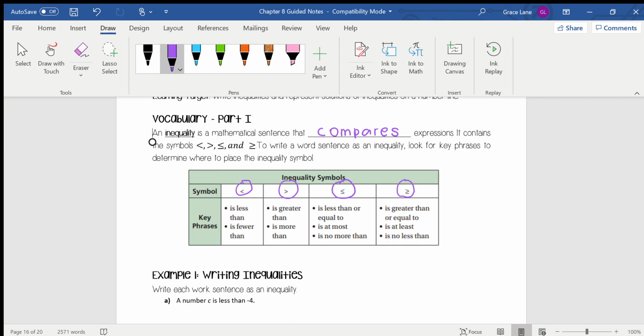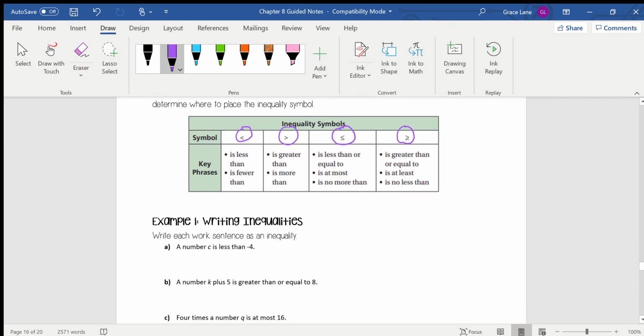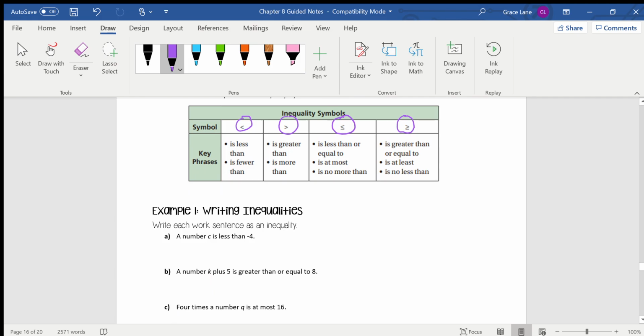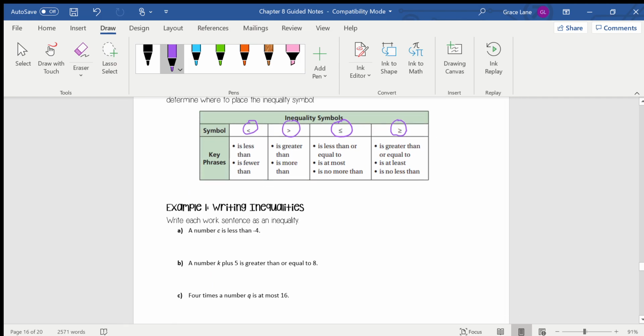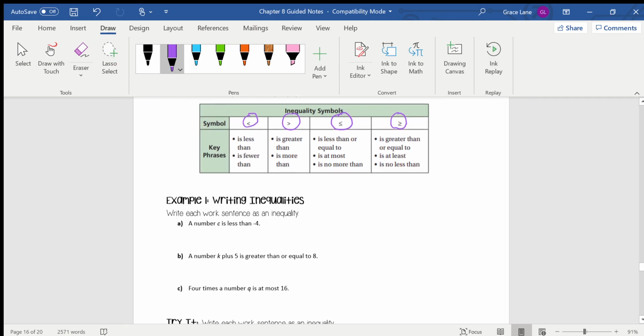To write a word sentence as an inequality, look for key phrases to determine where to place the inequality symbol. And so we're going to just practice writing inequalities, and it's just like writing an equation. You probably want to use these keywords to help you, but you're basically just writing kind of an expression. It says a number C is less than -4.